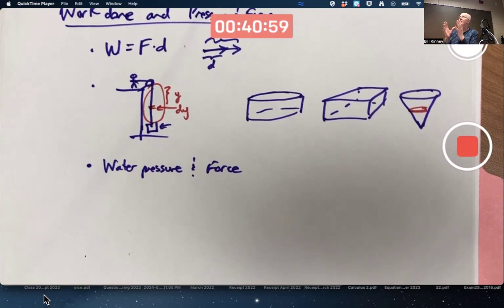Let's see, pressure is force per unit area. 62.4 pounds per cubic foot. That's the weight density of water. You have to know that for the test. No, I'll give it to you if you need it. A cubic foot of water weighs 62.4 pounds, about so big, weighs 62.4 pounds. And you multiply that by the depth to get the pressure.